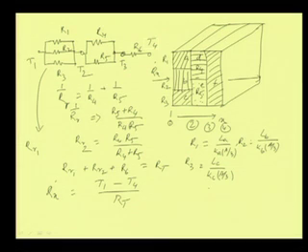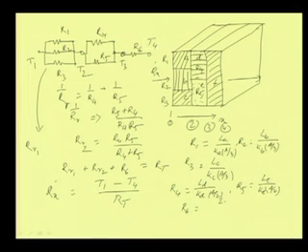And if we see the second block, here it is divided into 2 equal parts. So, under that situation, R4 will be equal to L D by K D into A by 2, and R5 will be equal to L E by K E into A by 2, and we know what R6 is. R6 is equal to L F by K F into A. So, this way we can find out the individual resistances, and from the individual resistances we can find out the resultant resistance for the parallel arrangements, and then the total resistance, and then the heat flow through this.